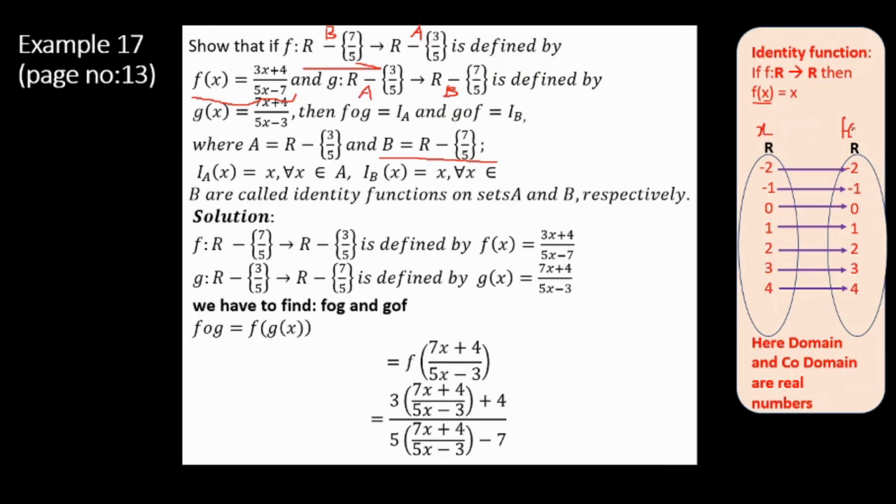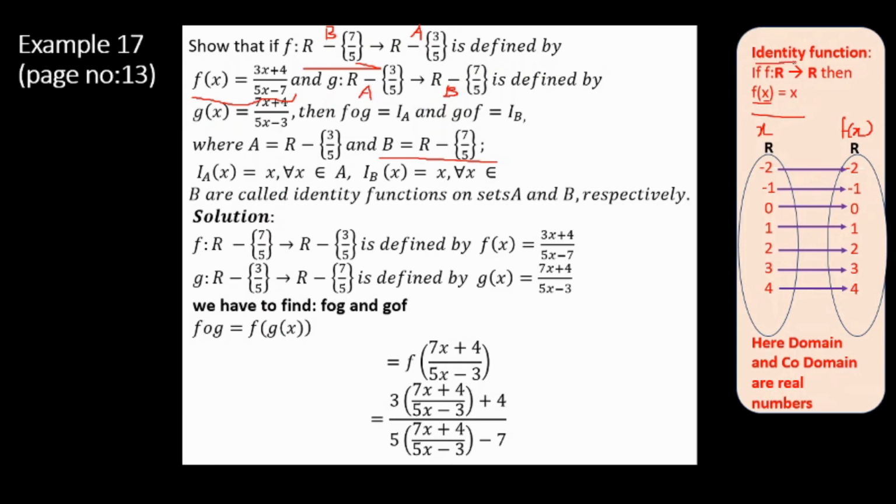Don't forget, because I have been telling this from the beginning itself. So if x is minus 2, f of minus 2 is minus 2; f of minus 1 is minus 1, f of 0 is 0, f of 1 is 1. So your f of x is equal to x. When you get a function in such a way, you call it identity function.